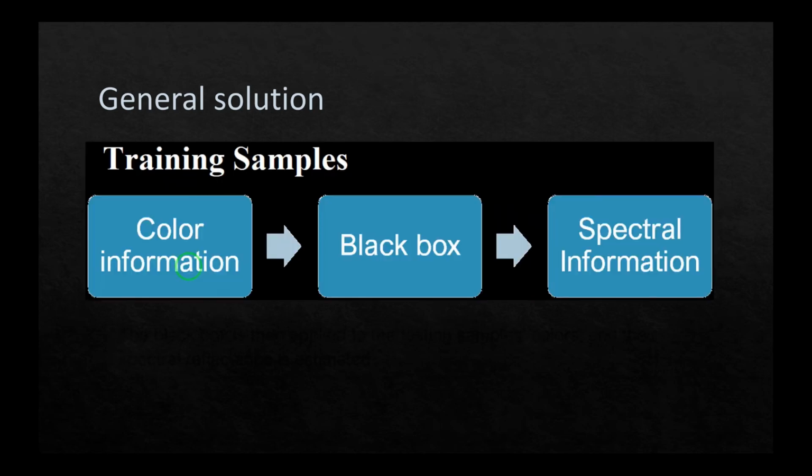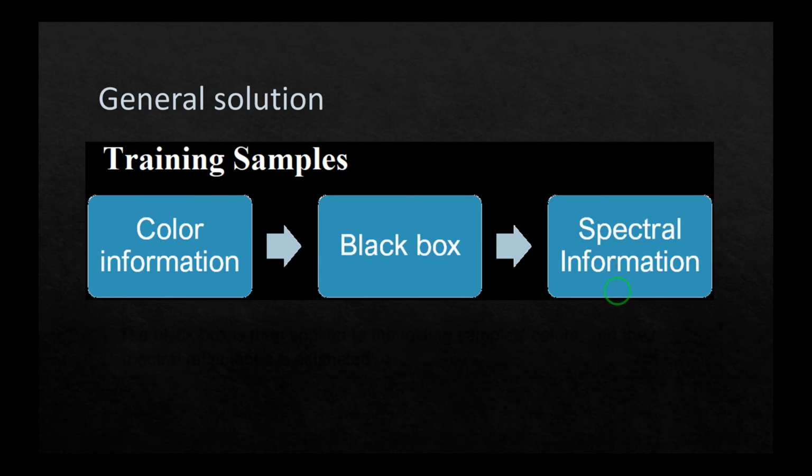So overall, the way these methods work is they first come up with a training data set for which they have both spectral and color data. And then they use a system to train using this data that they have. The system learns to go from color data to the spectral data using the training samples that they have available.